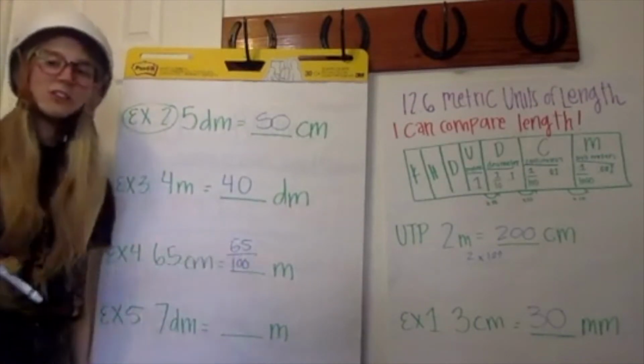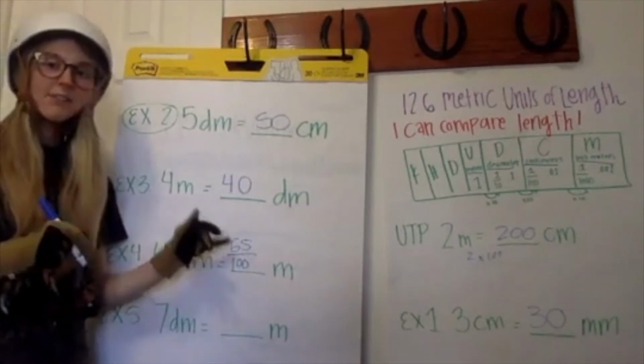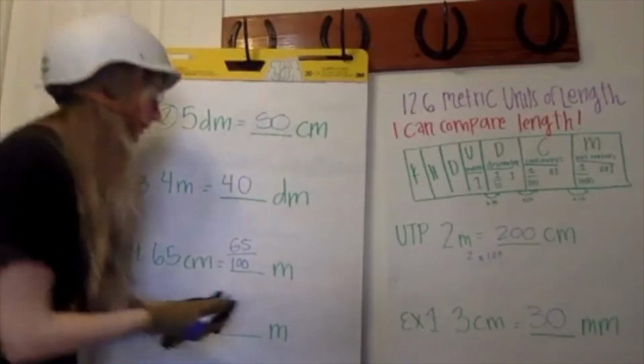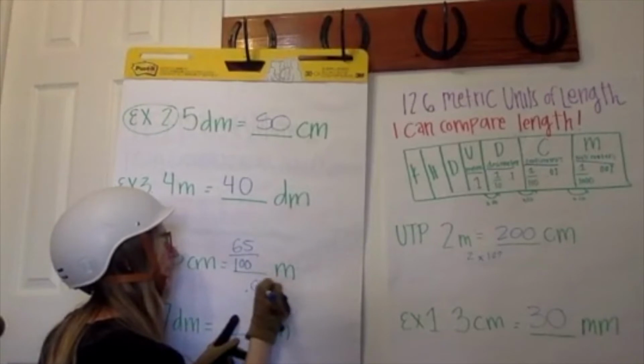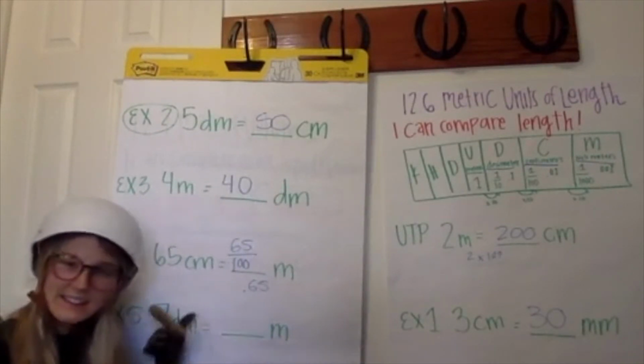So 65 over 100. It's going to ask you to write this 2 ways. If you remember, 65 over 100 we can also write as a decimal, 65 hundredths. And if you remember, 65 hundredths looks like 0.65. 65 hundredths, 65 over 100. Hopefully that's coming back.